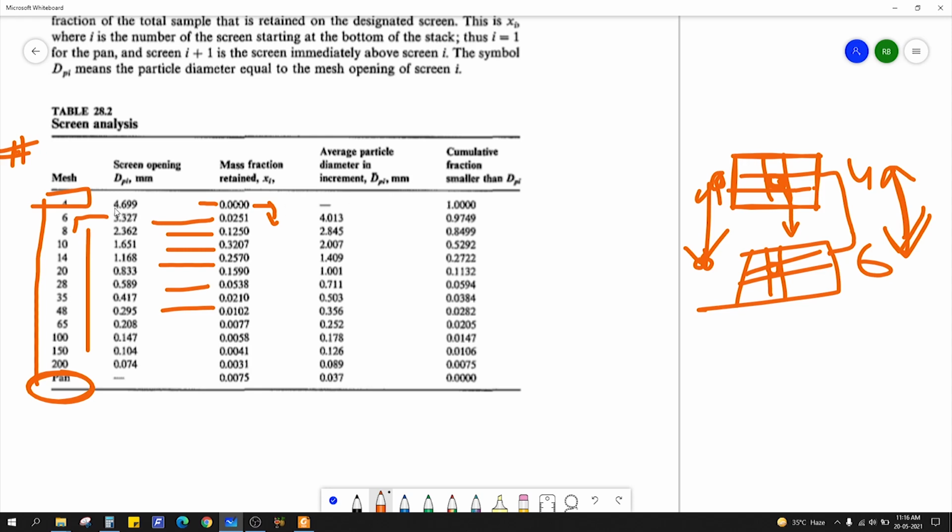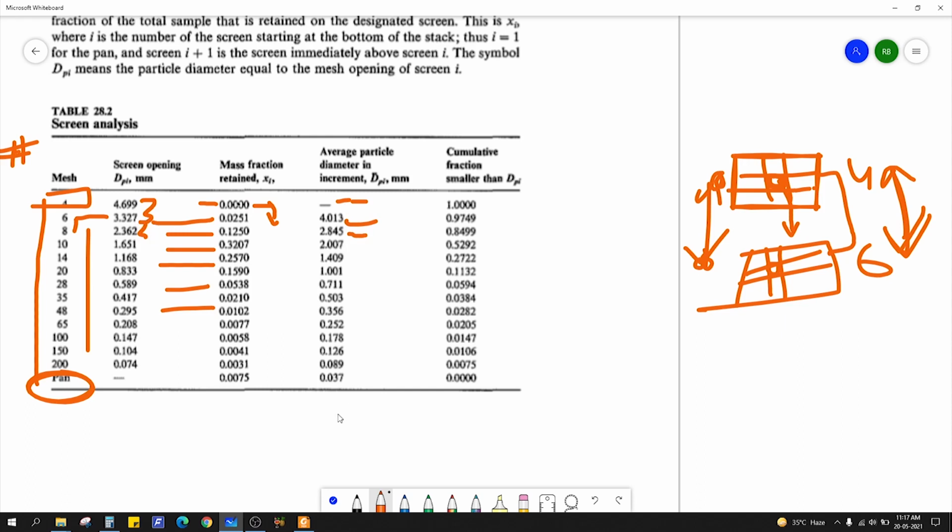You cannot calculate an average, so it is left blank. But as we come along, the average will be 4.013 between these two. This plus this divided by 2. Again, the next average diameter in the increment will be this plus this divided by 2.